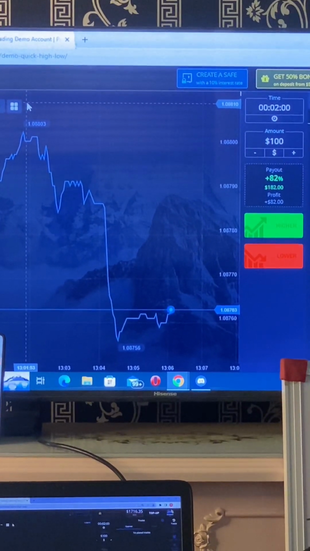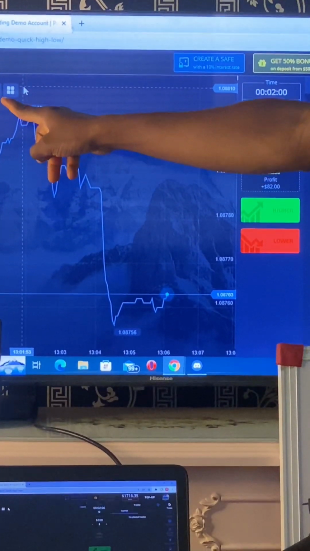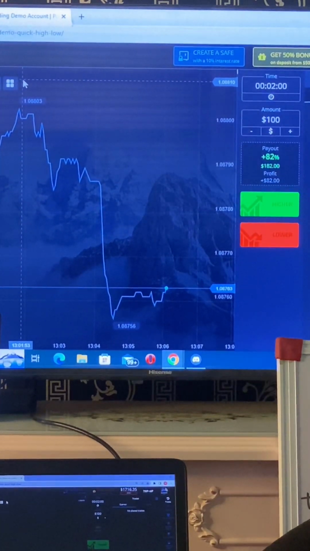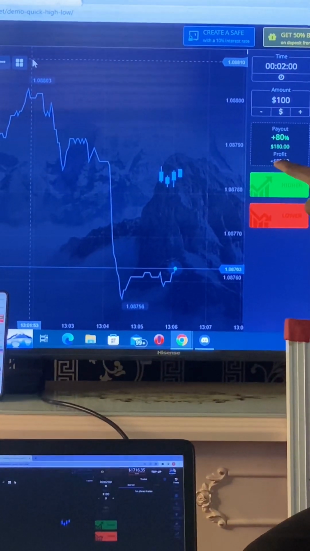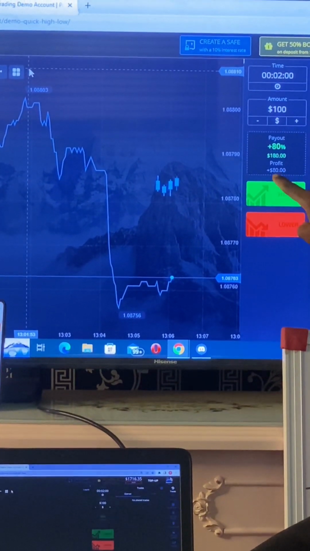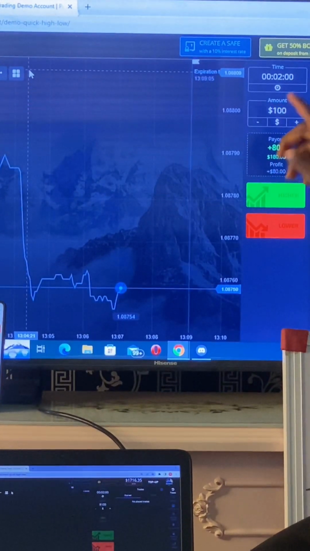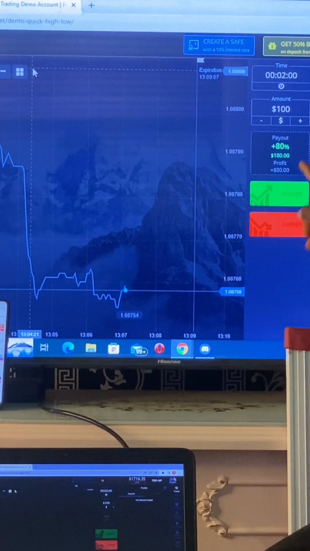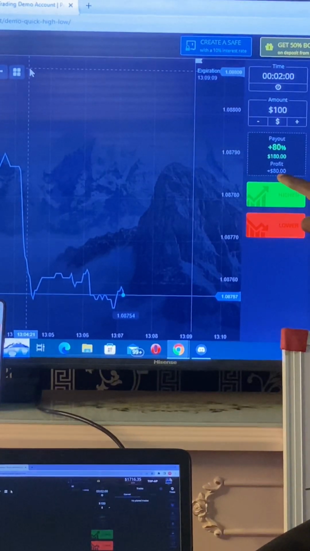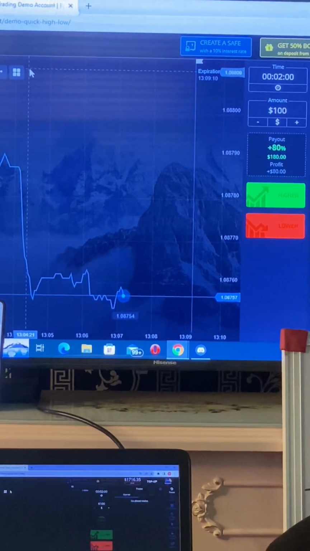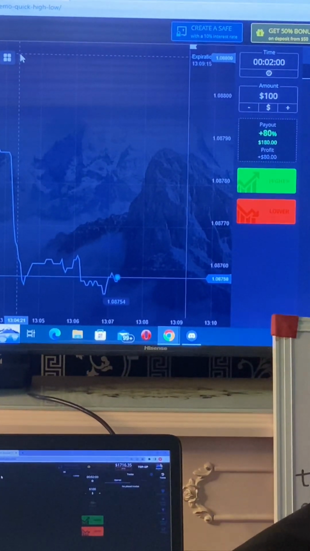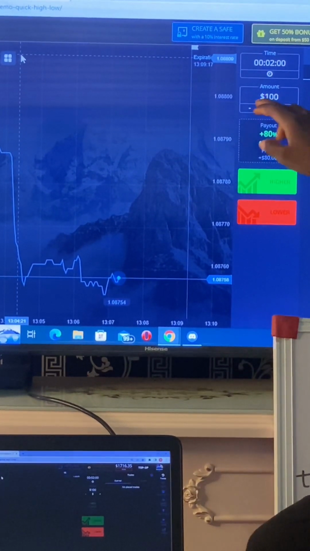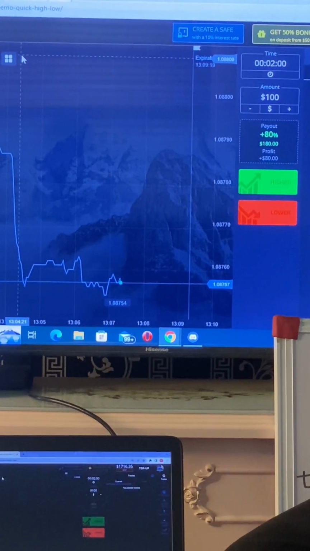For instance, I'm trading the currency pair Euro USD, and the payoff of this trading pair is an $80 profit payoff. That means if I win this trade right now, my total profit will be $80, added to my $100, which gives us $180. But if I lose this trade, I'll lose the entire $100. That's what binary option trading is about.